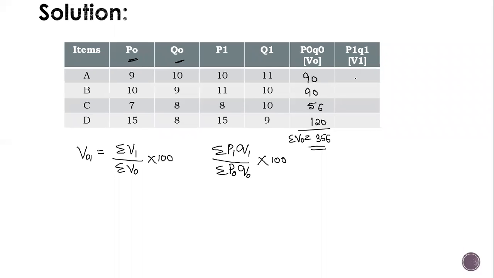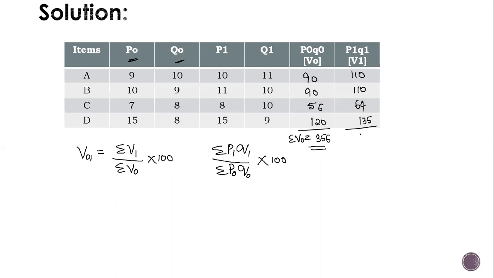P1 into Q1. First one, 110. Second one, 110. Third one, 64. Last one, 8 into 15, 135. Is it right?